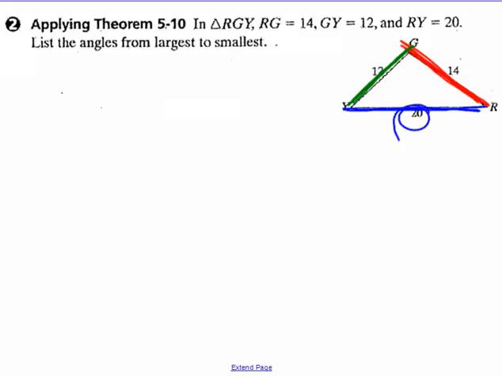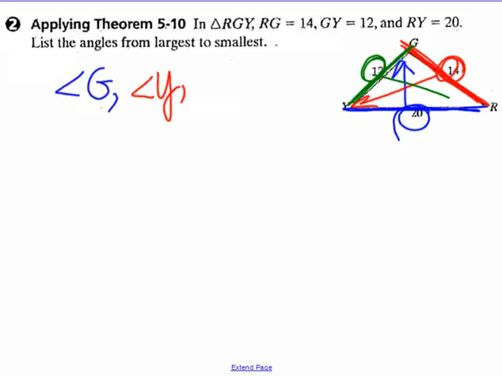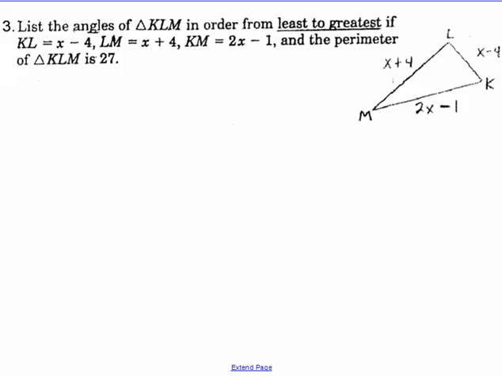So I'm going to take the angle opposite it. That's going to be the largest angle. So angle G is the largest. The next one is 14. Take the angle opposite 14. That's going to be angle Y. And then 12 is the smallest number, so we're going to take the angle opposite. That's going to be angle R. So that's listing them in order from largest to smallest.